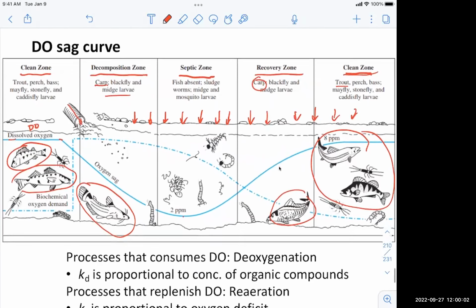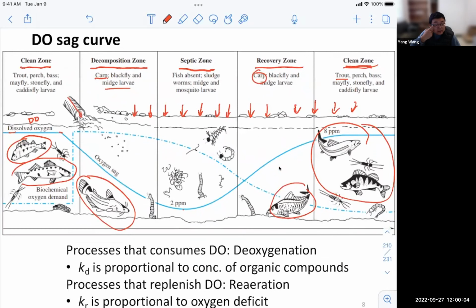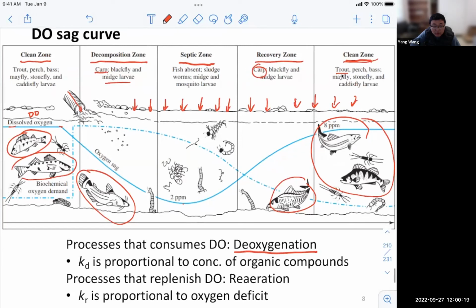All right. So then if you further look at the processes that are influencing or creating this DO Sag curve, there are basically just two processes. One process is the deoxygenation process. That's the process that's removing the organics.